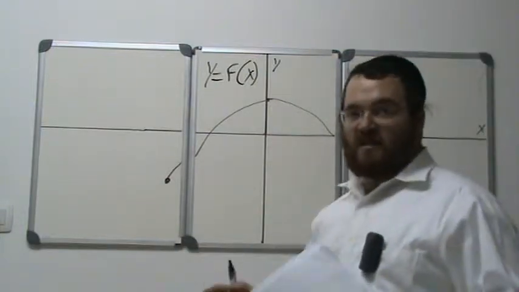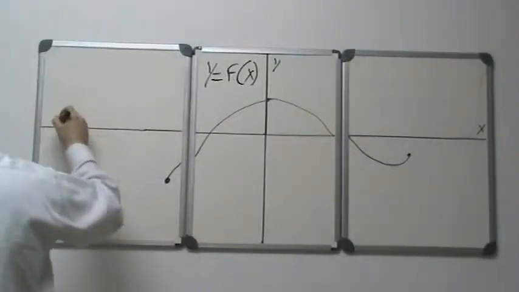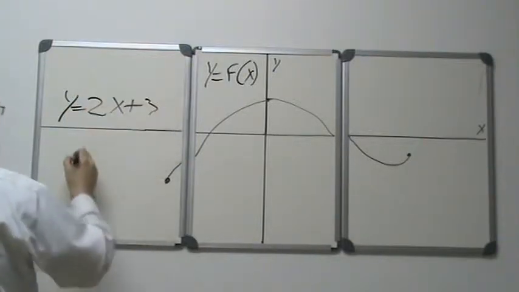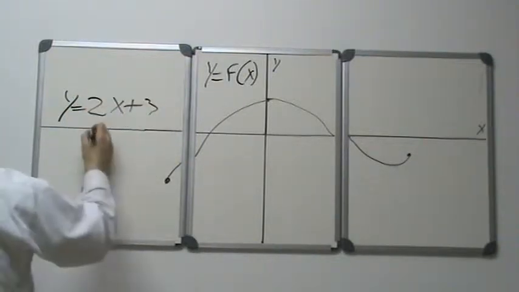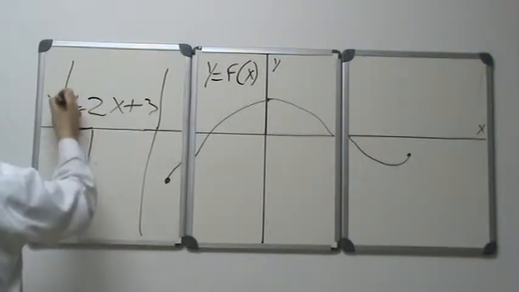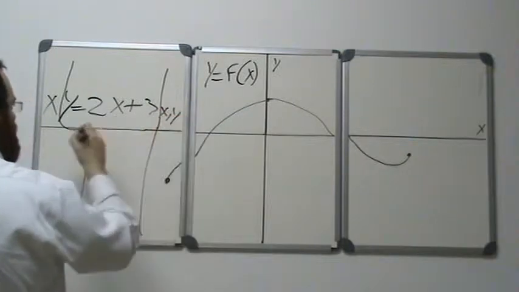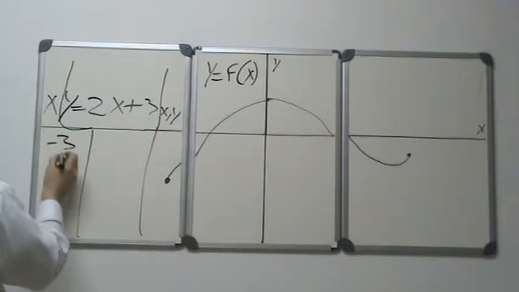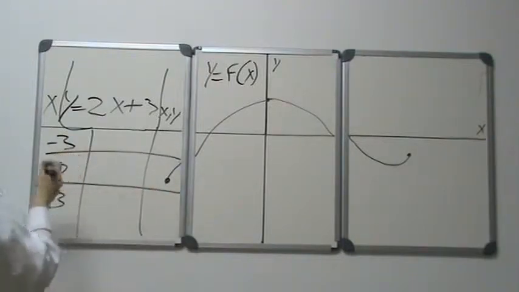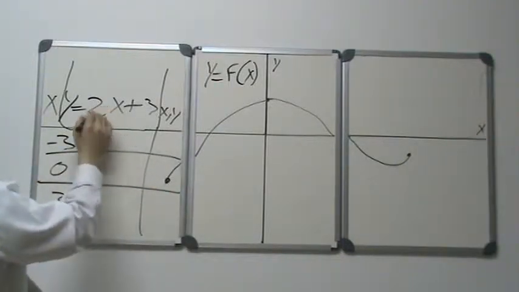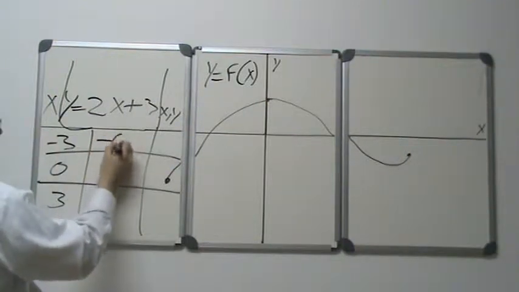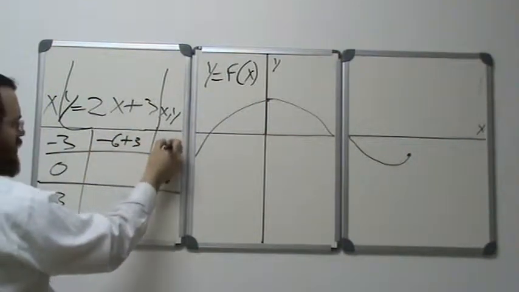For example, when you have y is equal to 2x plus 3, you would make a graph like this, with x and y, and you put in for x negative 3, 0, and 3. When x is negative 3, 2x would be 2 times negative 3, which is negative 6, plus 3, which would be negative 3.